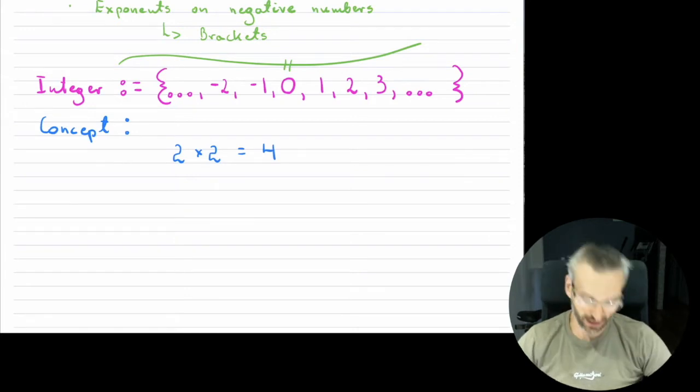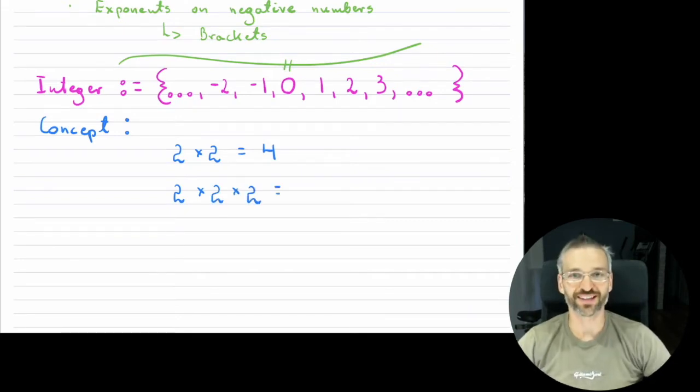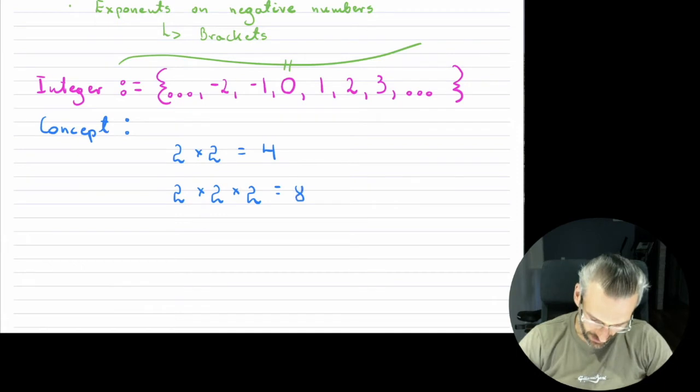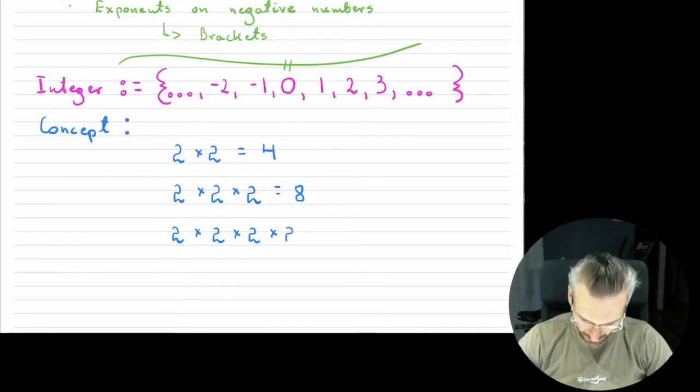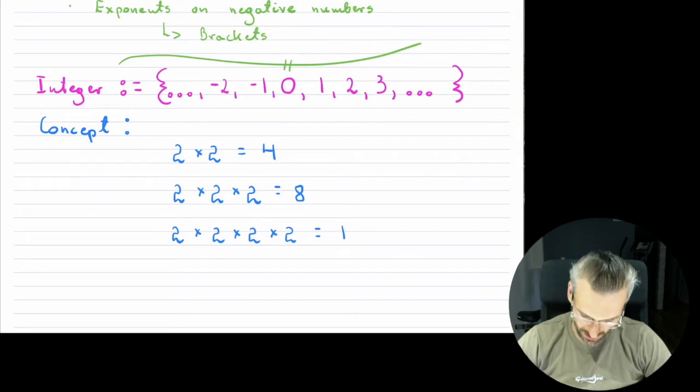And I can continue this pattern and say 2 multiplied by 2 and then multiplied by 2 again. Don't get caught: it's not 6, because 2 times 2 is 4 and then times 2 is 8. And again, we can continue this pattern, and I am just using the 2's, but they're repeating. So this would be 16.